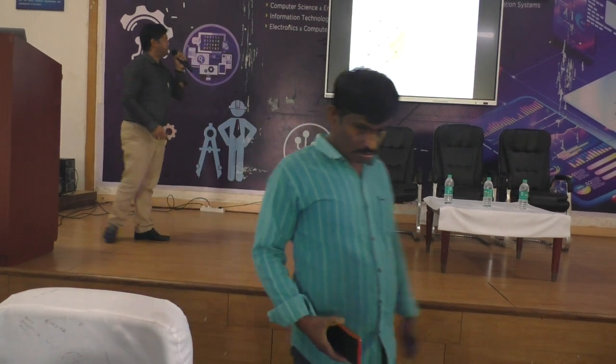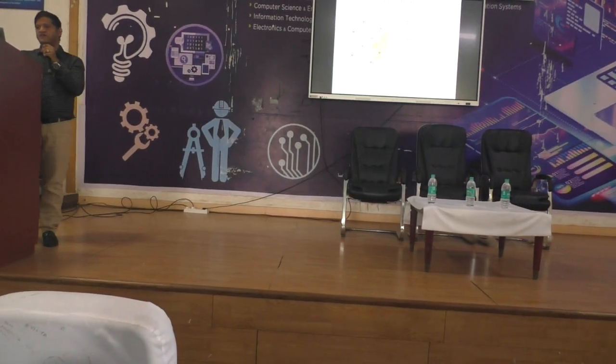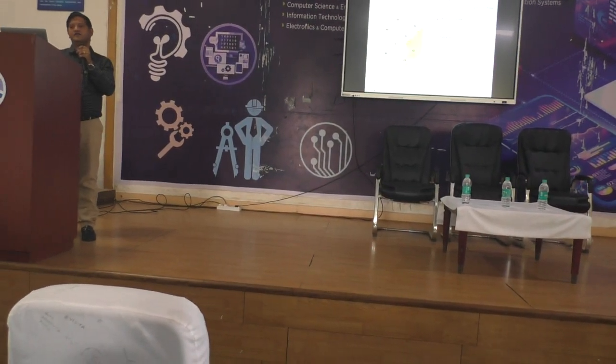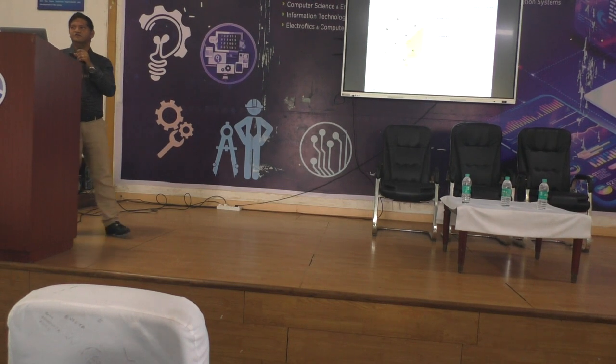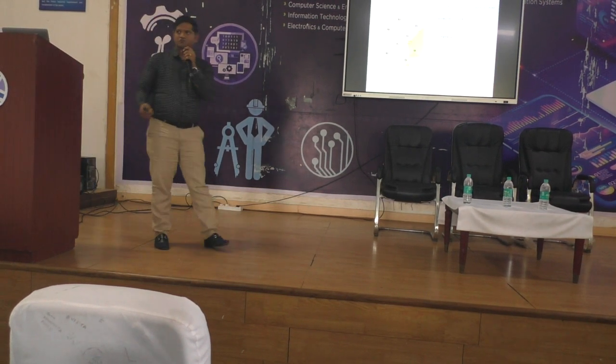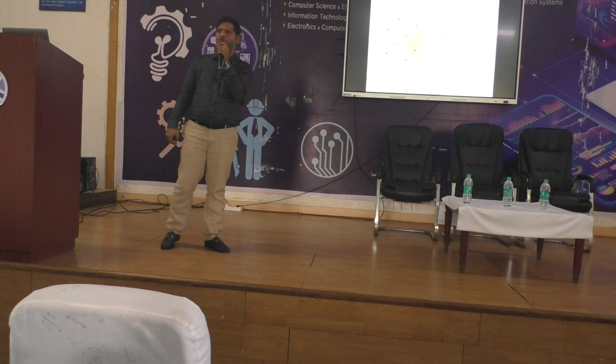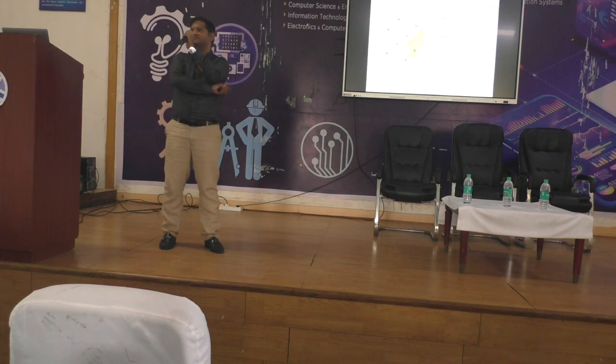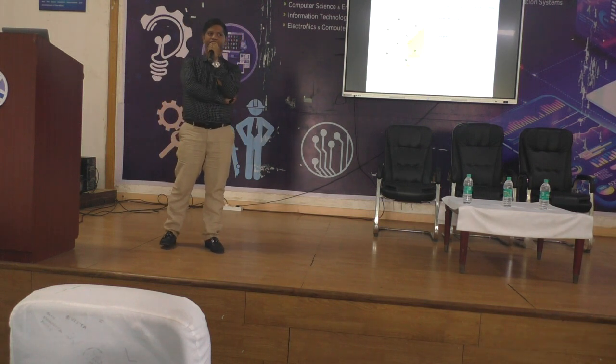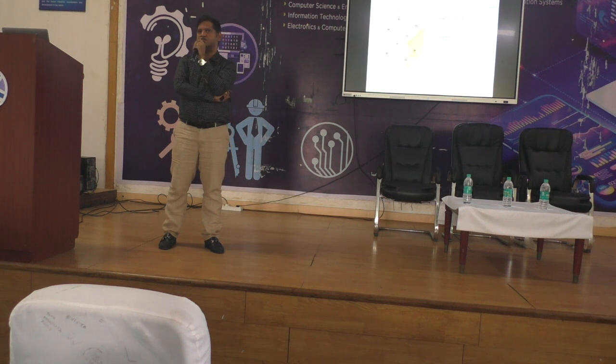So let us say region 1, that is the mass manufacturing. What kind of products can fall within this region 1? Can you explain with respect to these three attributes?